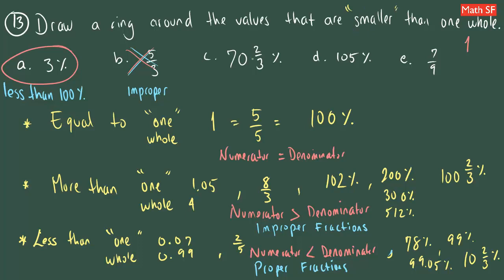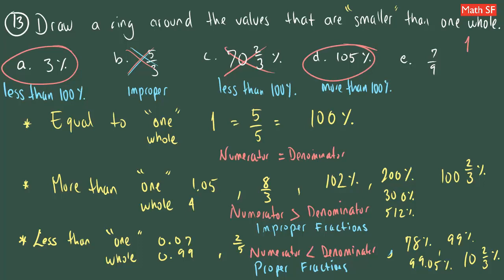So 70 and 2/3%, that's still less than 100%. 105%, that's more than 100%. So therefore, yes, that is more than one whole.